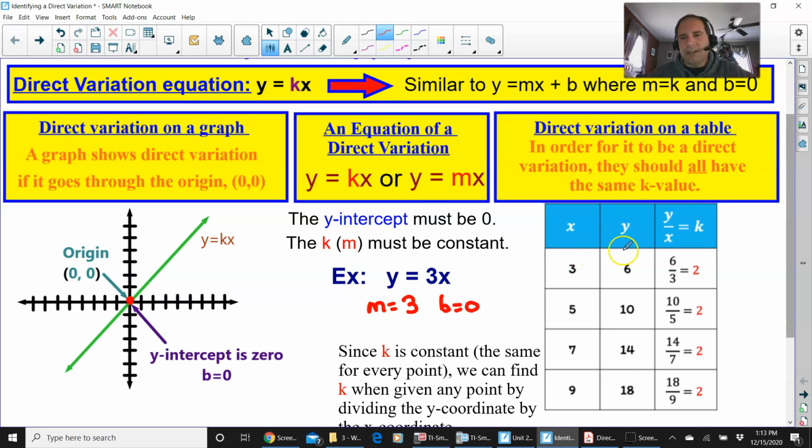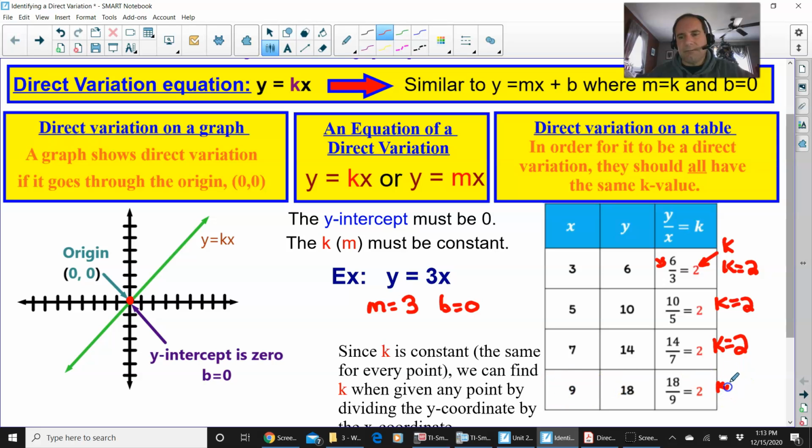So, you see this 6? You see this 3? 6 divided by 3 is 2. This is the k. So k equals 2 here. 10 divided by 5, k equals 2. 14 divided by 7, k equals 2. And then 18 divided by 9, y divided by x.